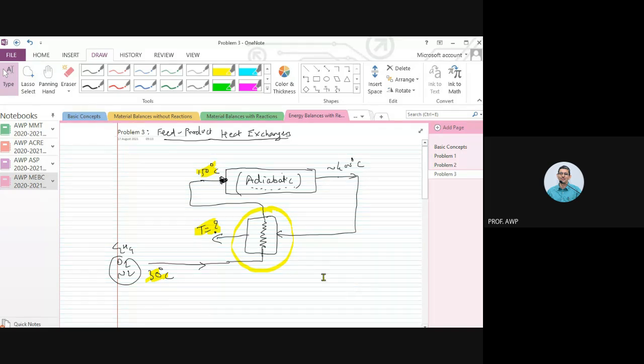Which phase change? Like here, H2O may liquefy or anything. Then you find out what temperature it cools to and check if it is below the dew point. If it is below the dew point, water will condense. If it is not below the dew point, it will not condense.